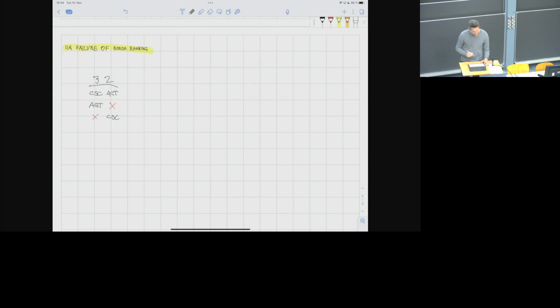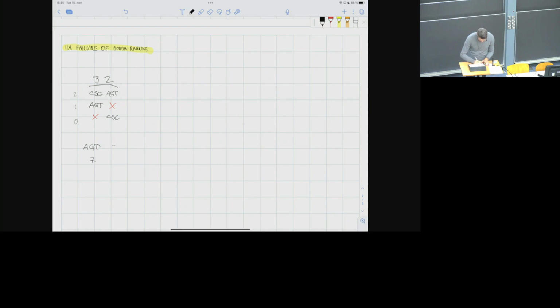Okay, now if we want to compute the collective ranking according to this Borda function that I specified, the scores would be 2, 1, and 0 here. If we count the score for AGT, that would be 3 plus 2 times 2, right? So 3 for the first column and 2 times 2. So the score for AGT would be 7.